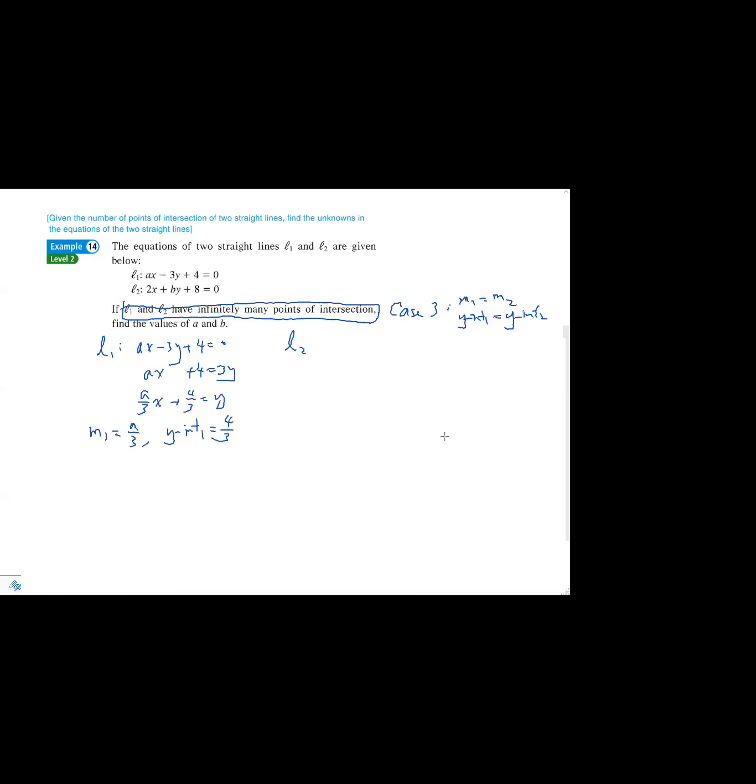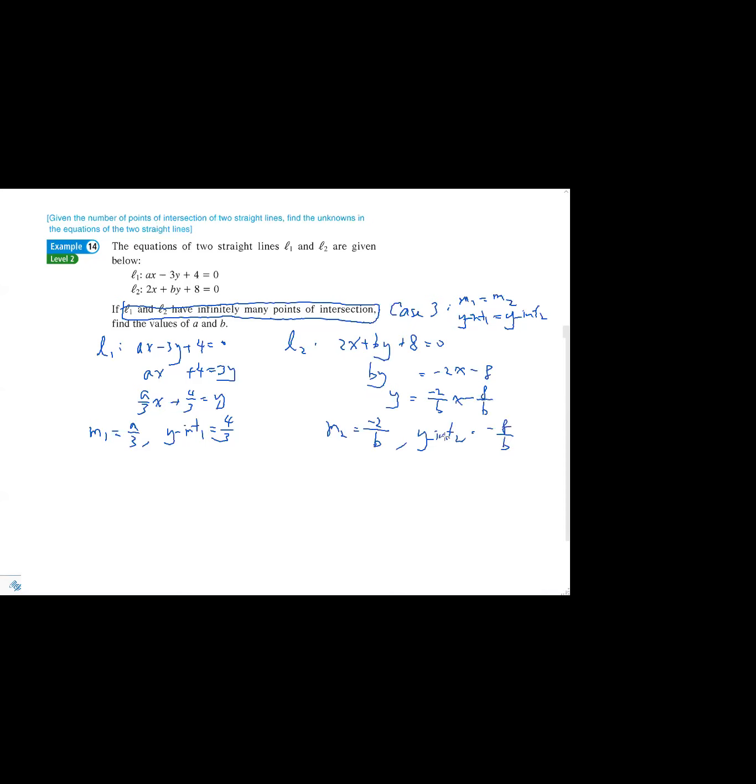And for L2, we have 2x plus by plus 8 equals 0, changing subject to y. It is like this, and then dividing by b, it's negative 2 over b, x minus 8 over b, which means that M2 is equal to negative 2 over b, and y-int 2 is equal to negative 8 over b.